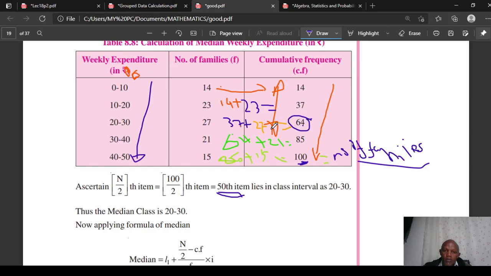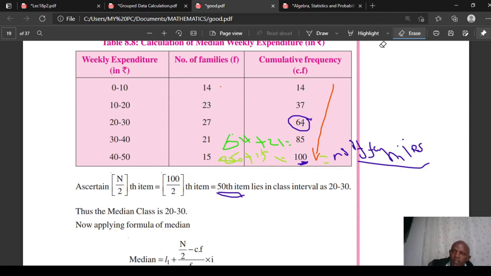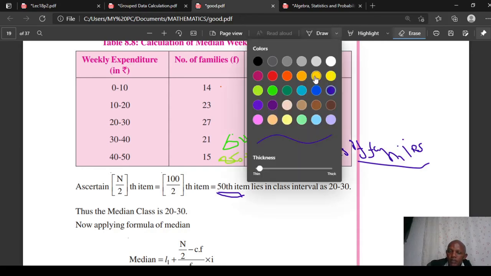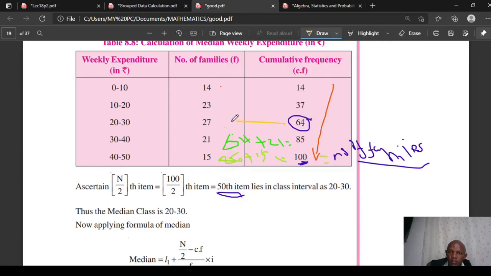So if you have got 50, we just want to get the corresponding frequency, which will be 27, and the class will be 20 to 30.